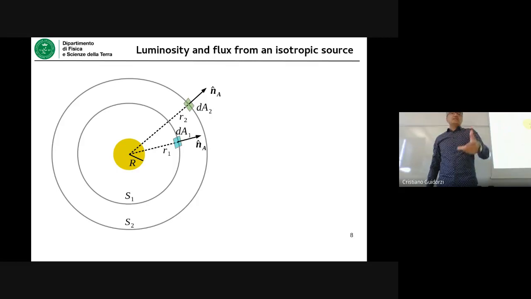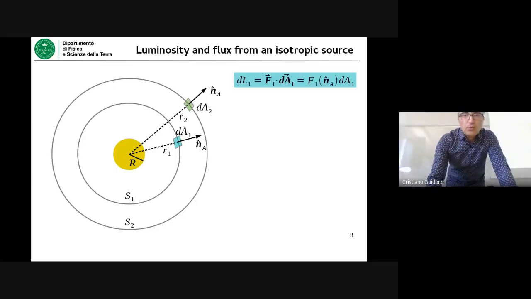Then we will play the same game considering another sphere of radius R2. But let's just focus on point 1. So we wonder, what's the amount of energy per unit time coming out of this surface element? So I call it dL1. Energy per unit time, so it's a luminosity.